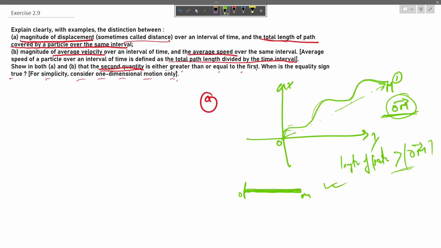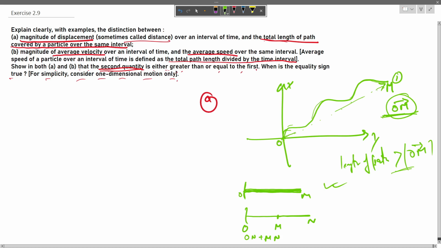Now consider the second case. This is the initial point where the body starts moving, and let us assume that the particle goes from O to an intermediate stop N, and then it travels back to a final stop M. So the length of the path would be ON plus MN, whereas displacement is just going to be OM.